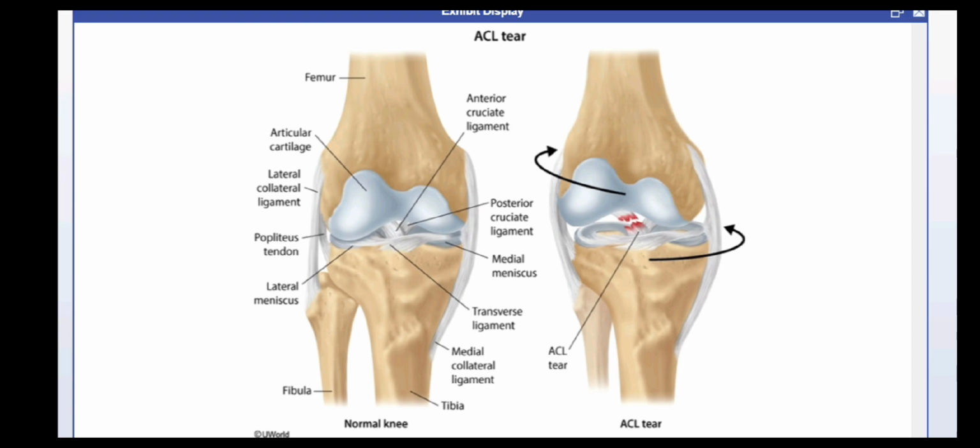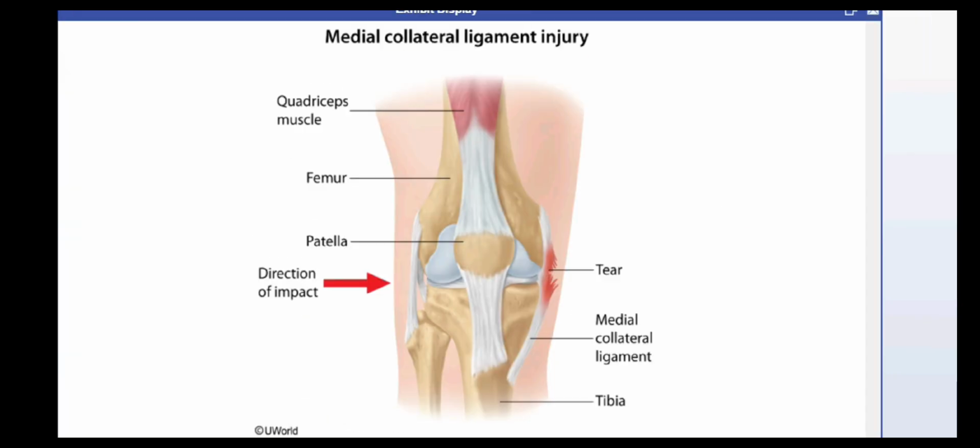We have what we call an anterior cruciate ligament tear that happens with a sprain in a rotational problem. We will see this ACL tear. What about medial collateral ligament injury? We will see it when there is a direct impact on the lateral side.